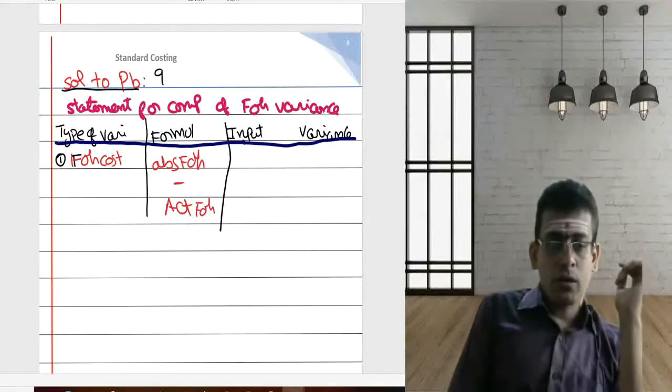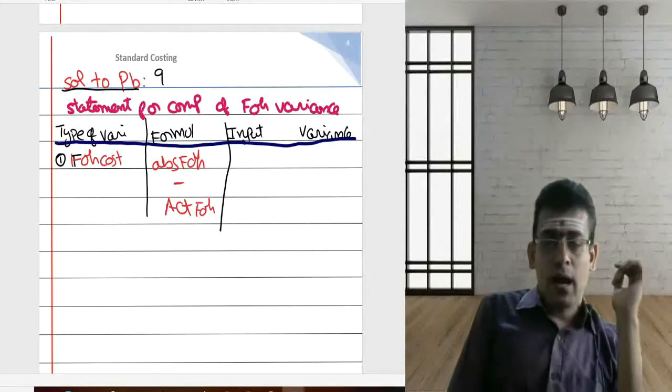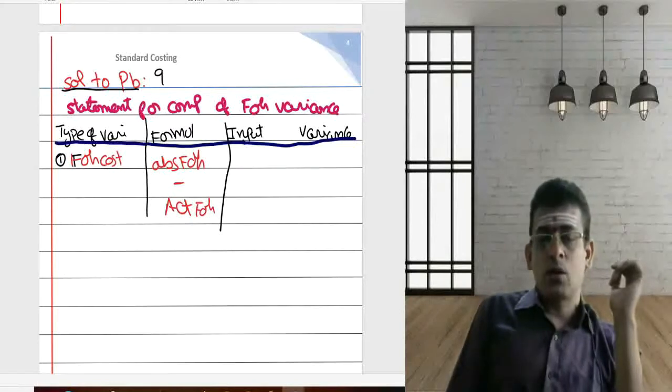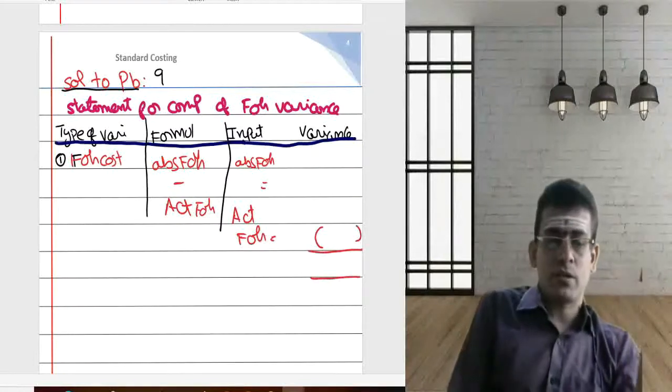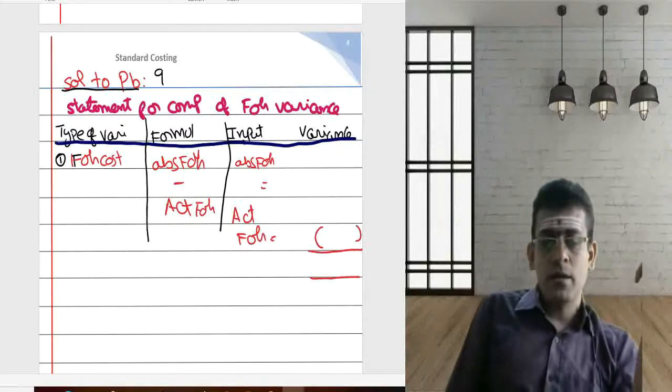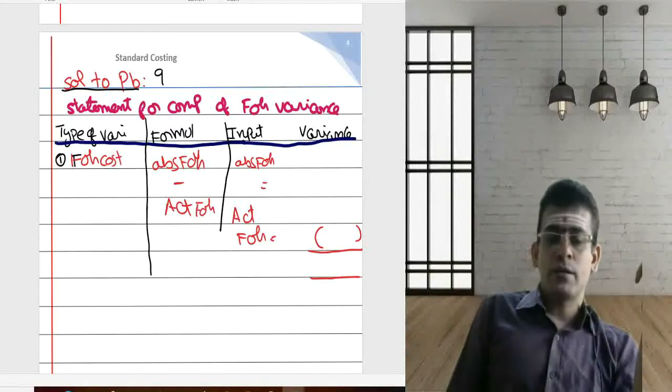Two things are required: my observed fixed overhead value, and my actual fixed overhead. If I know these two, the difference is going to give me my cost variance. That is my first variance which I am supposed to calculate.